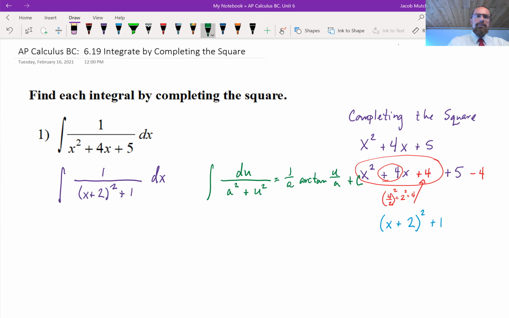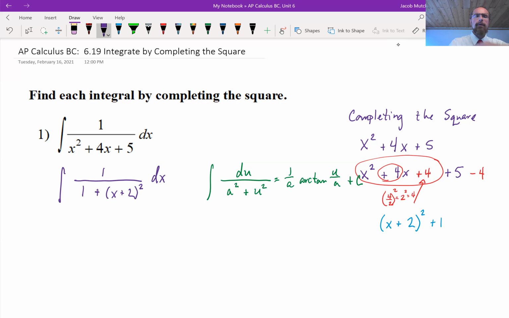Now I probably do need to rearrange this x plus 2 squared and plus 1 so that it's matching my format here of a squared plus u squared. So I'm just going to flip this over. Let me grab my eraser there. I'll put 1 first plus x plus 2 squared. I'm just inverting that addition.